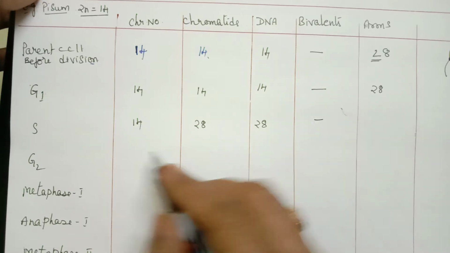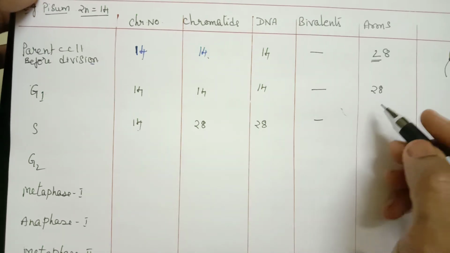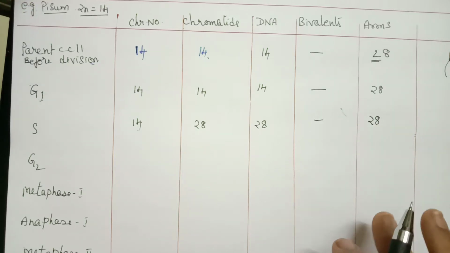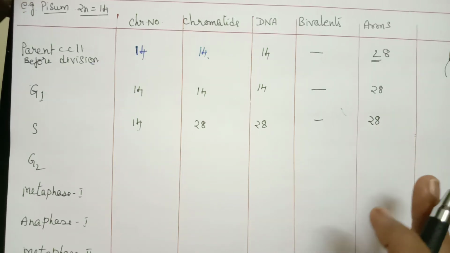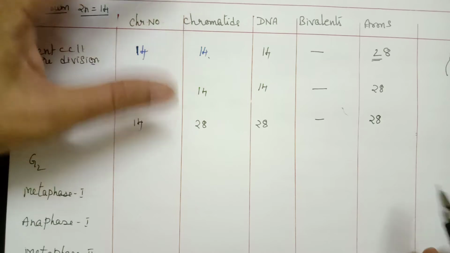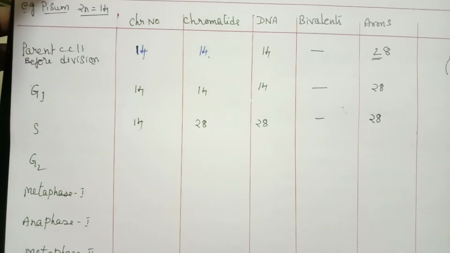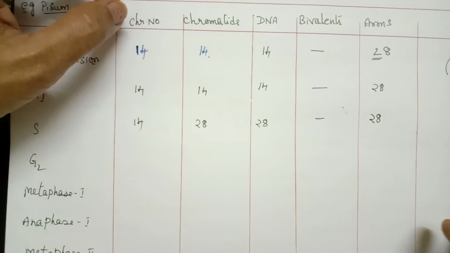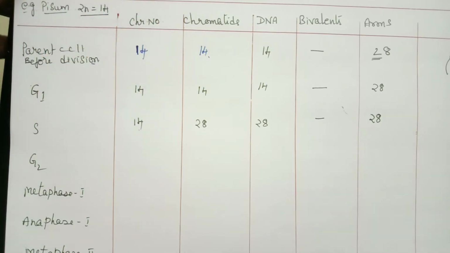Arms, now chromosome number is 14, so arms in general we will take 28. We are not counting telocentric here. Suppose you have telocentric chromosomes also, accordingly the number of arms will change. Otherwise, considering there is no telocentric, this is how we can take the number.